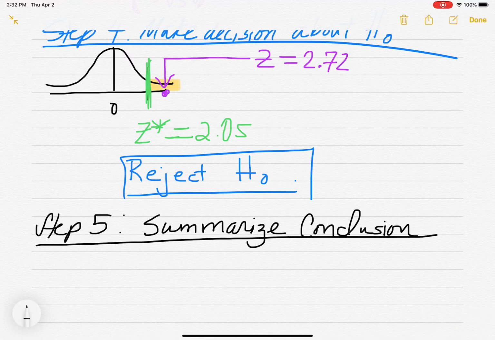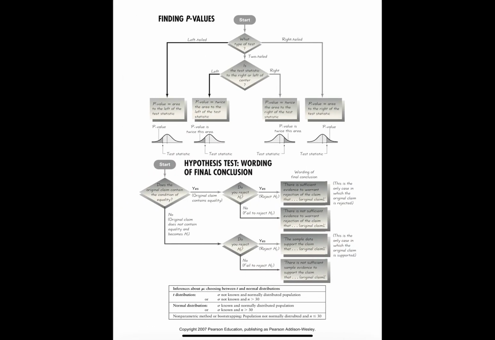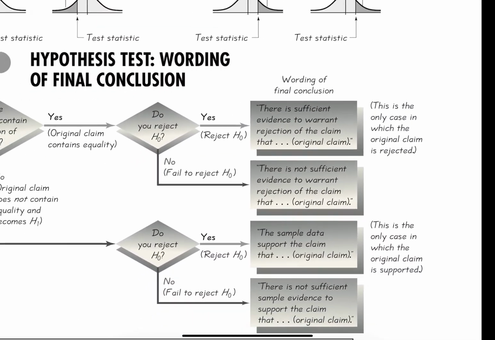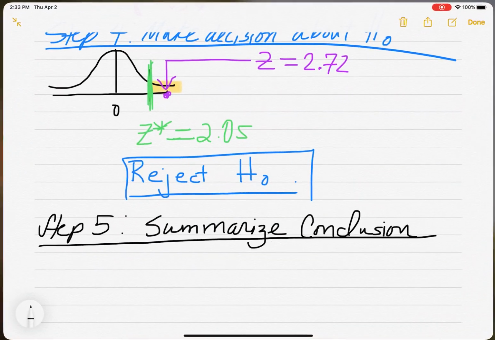So we're going to go to our wording sheet right here. The question is, does the original claim, the claim we were testing, contain the condition of equality? No, it did not. If you remember, let's go back.